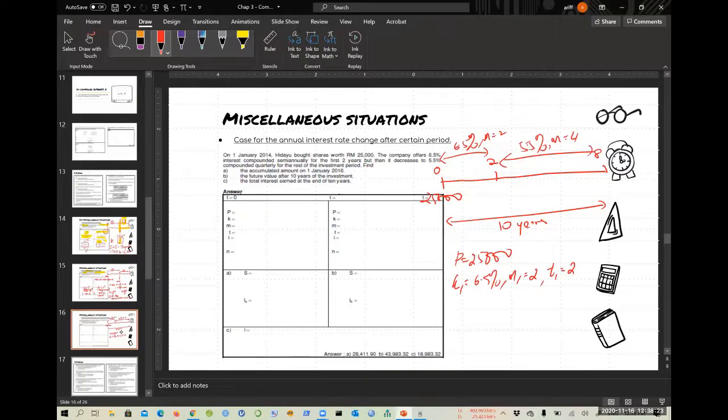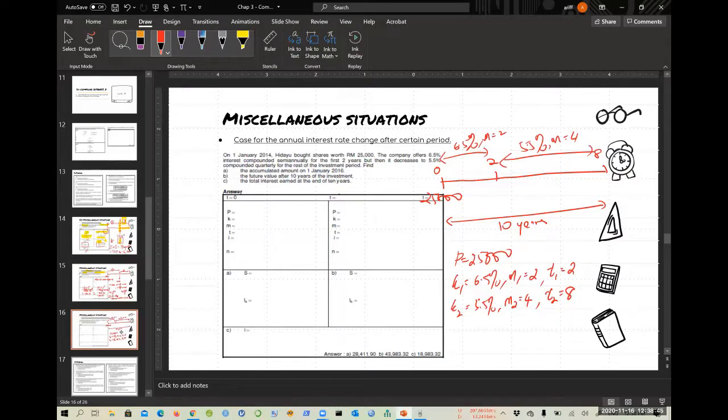And then you have K2 is 5.5%, with M2 equal to 4, which is quarterly, and T2 equal to 8 years, because you want the total duration to be 10 years, right?